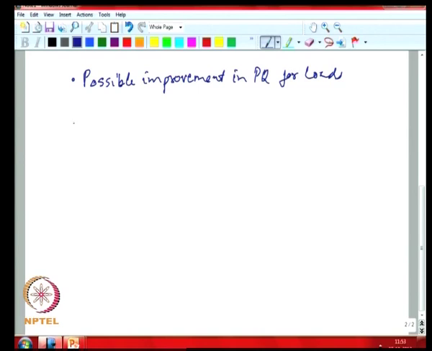We also saw that the feeder losses can come down quite dramatically, so there is a reduction in transmission and distribution losses.